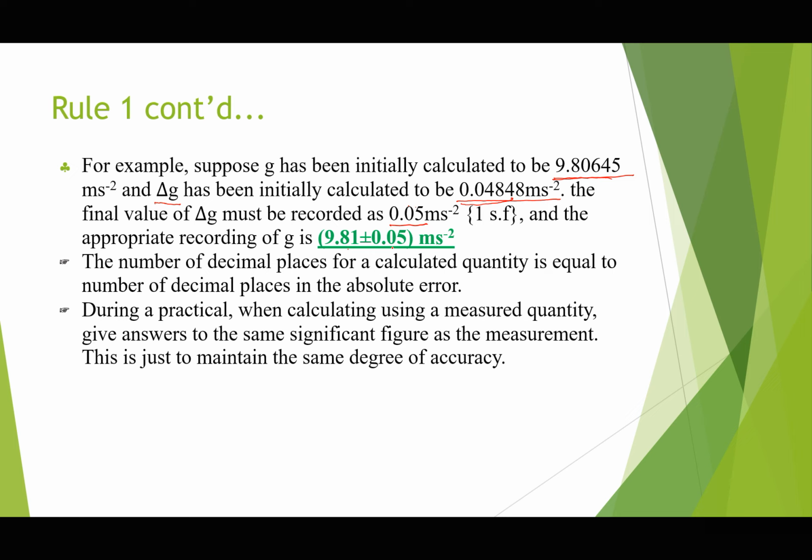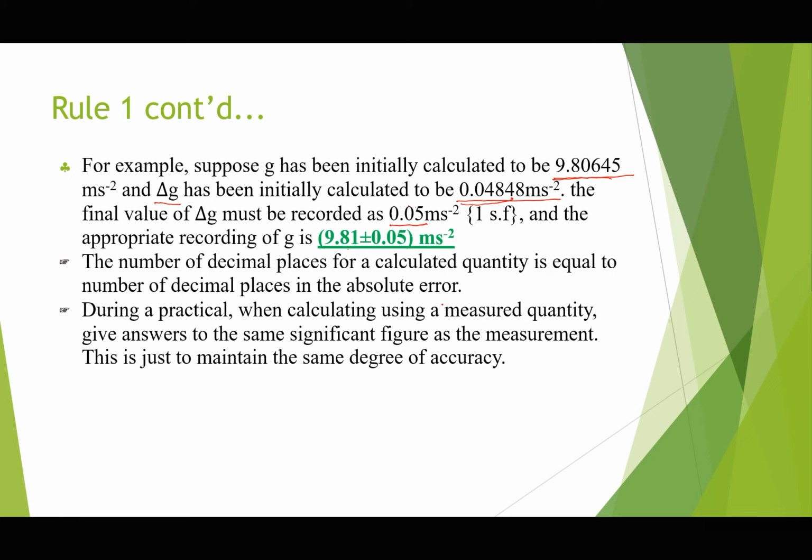So the number of decimal places for a calculated quantity should always be equal to the number of decimal places of the absolute error. Every time you are recording the final answer after finding the true value and the uncertainty, have that in mind, that the number of decimal places for a calculated value should be equal to the number of decimal places for the absolute uncertainty.